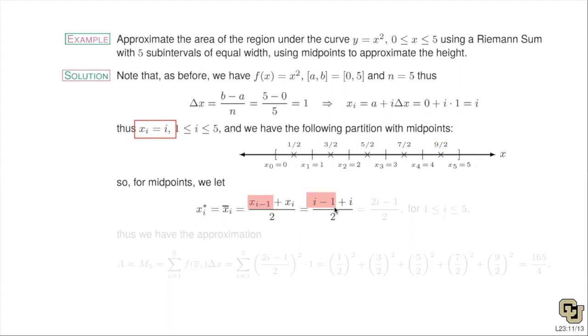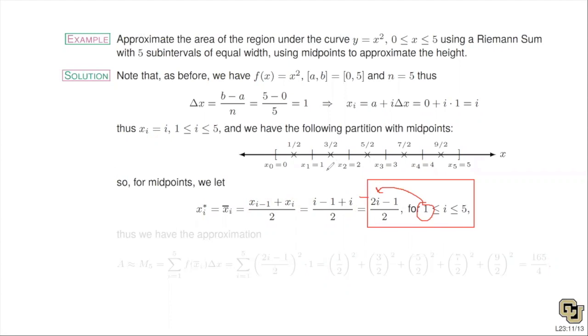And obviously, x sub i is just i. And now we can do the arithmetic in the numerator. i plus i is 2i. And we've got the minus 1, over 2. And so this would be the generic formula for the midpoint. What does that mean? If I take 1 and plug it in here, you get 2 minus 1 over 2, you get 1/2.